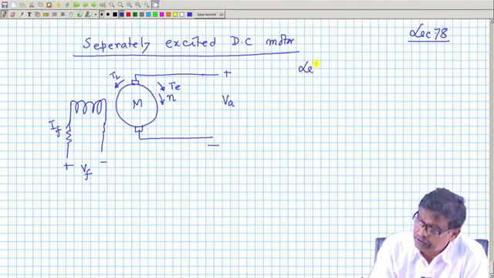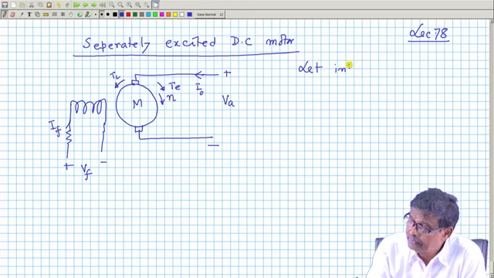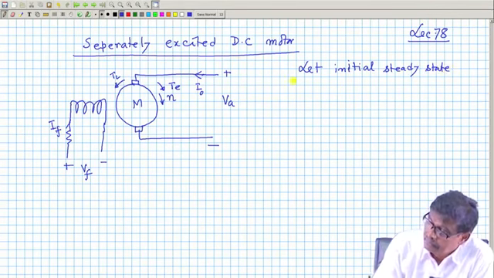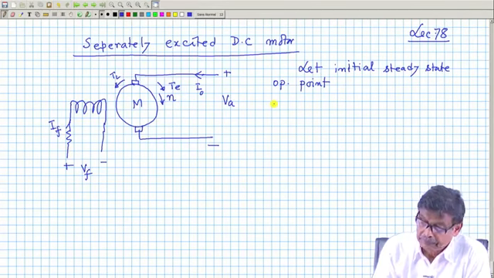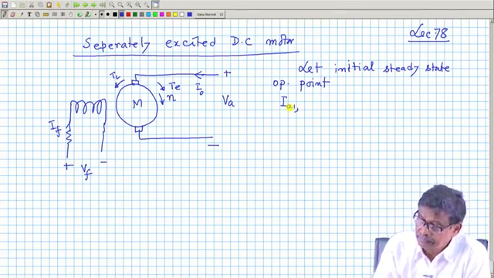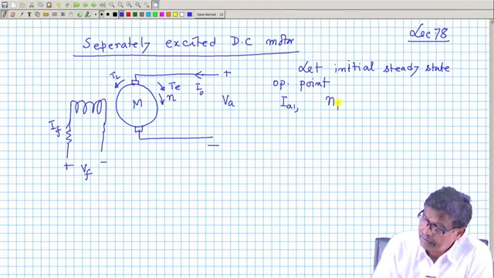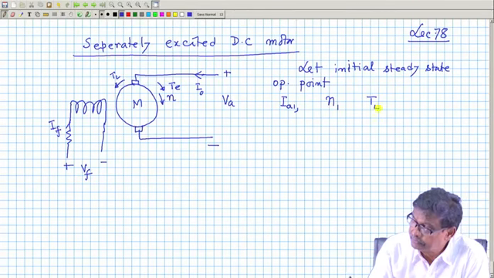Let the initial steady state operating point be this: the machine draws armature current IA1, speed is equal to N1, load torque is equal to TL1, and field current is IF1.